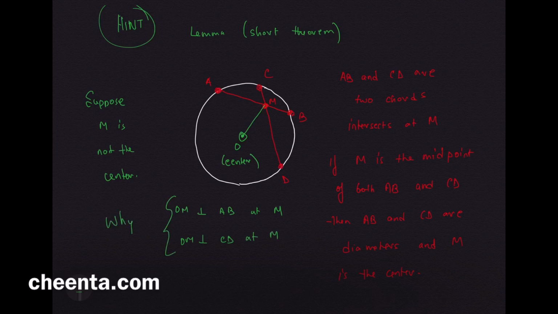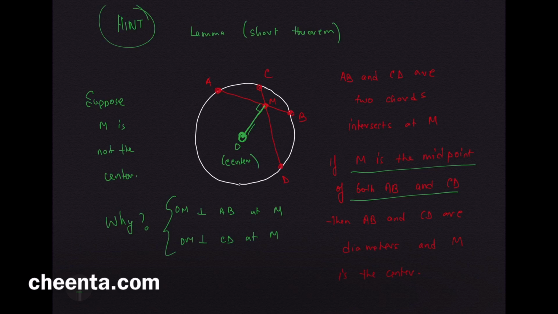Why can you say this? Well, if you join the center to the midpoint of a chord, and M is given to be the midpoint, then it's automatically perpendicular to the chord. Now, can you prove that?